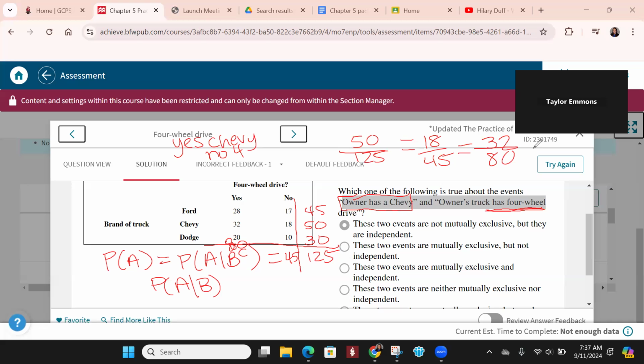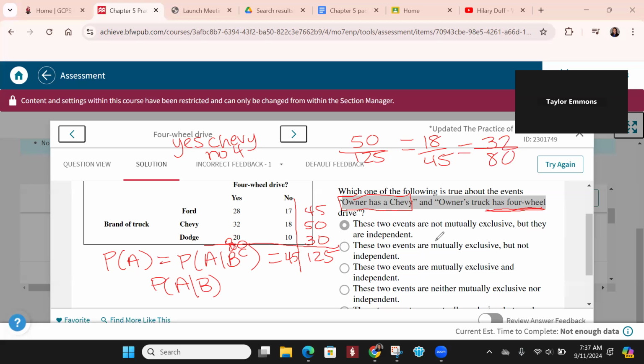So those are independent. Okay, so what I'm going to do for you is put that formula on the board. This is the one time that you get it. I'm going to put it on the board so that when you're proving independence and mutually exclusive, you have those. Cool? I'll give you it now, but I'm not giving it to you on the test. Then they're independent.